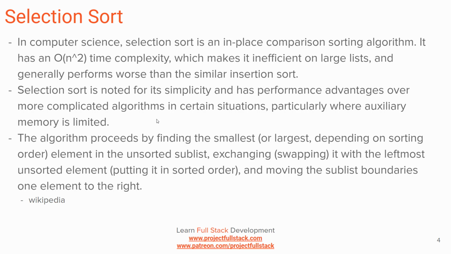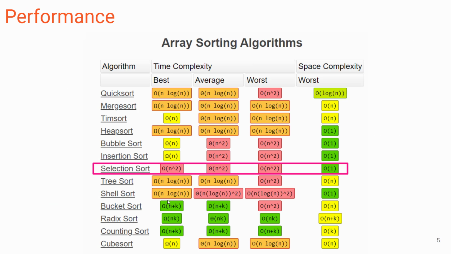You don't need to store much in memory as opposed to some of the other sorting algorithms, which are fast but rely on more memory. It proceeds by finding the smallest element in the unsorted sublist, exchanging it with the leftmost unsorted element, and moving the sublist boundaries one element to the right. That's kind of confusing, so we'll look at it here in a second.